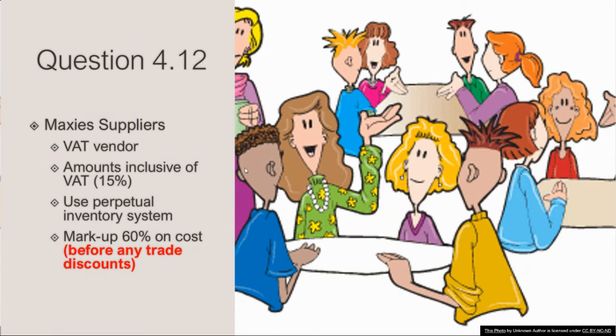So just to recap, in Learning Unit 2, we said we have two types of inventory systems. We've got perpetual, we've got periodic. Now one goes to an asset account, one goes to an expense account. Now the one in this question, does it go to the asset account or the expense account? Okay, so we've got assets.